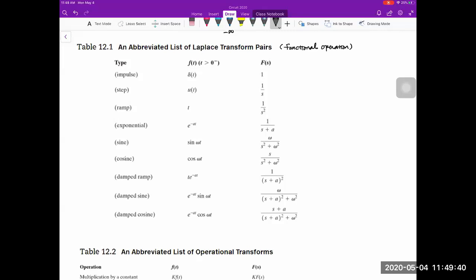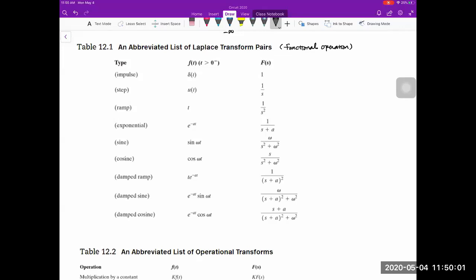This is a functional Laplace transform, meaning if you have a very common function that we see in our circuits, what is the result of the Laplace transform? Now, we didn't do the integration, but you can do the integration by yourself to find the Laplace transform for each function.